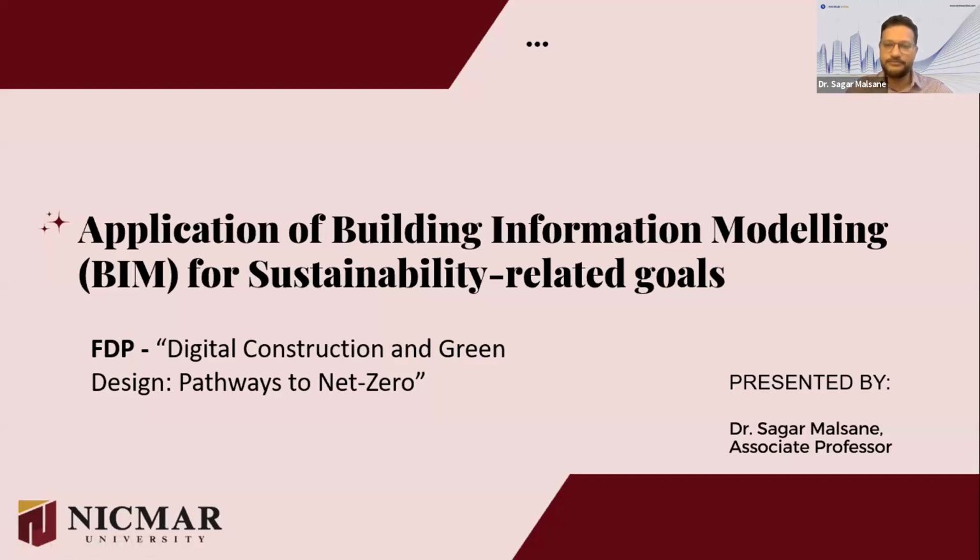Typically, how we can achieve sustainability related goals at industry level as well as at project level through this innovative concept of BIM. That will be the focus of today's presentation.